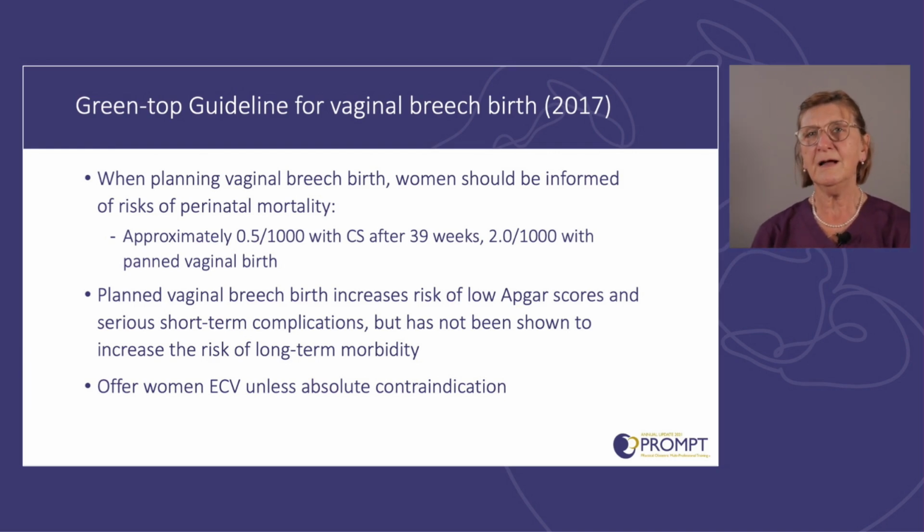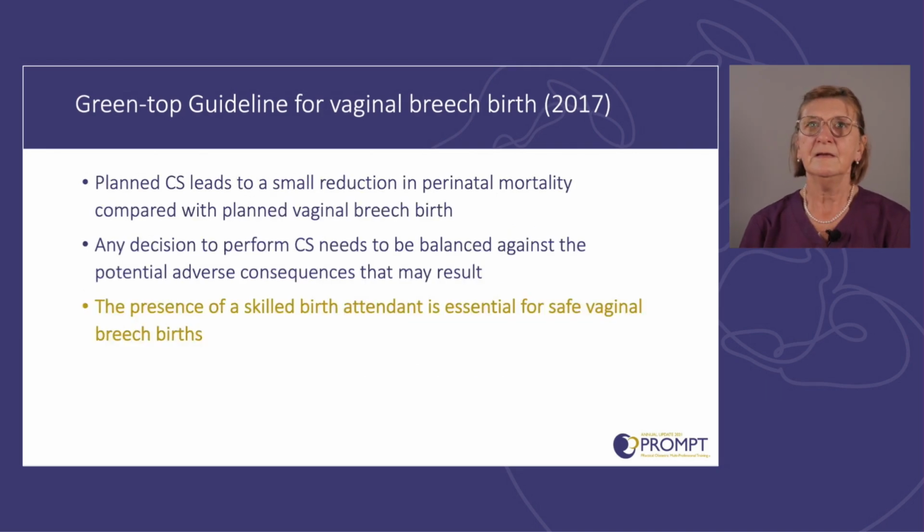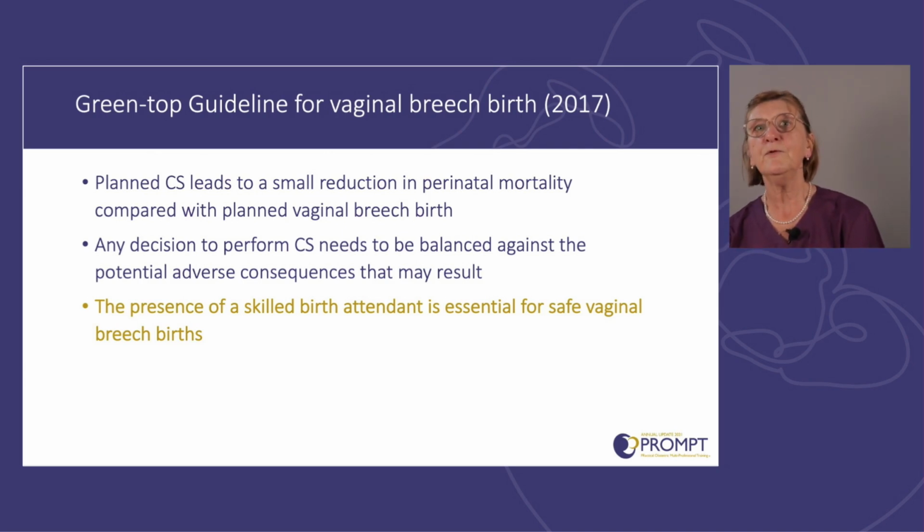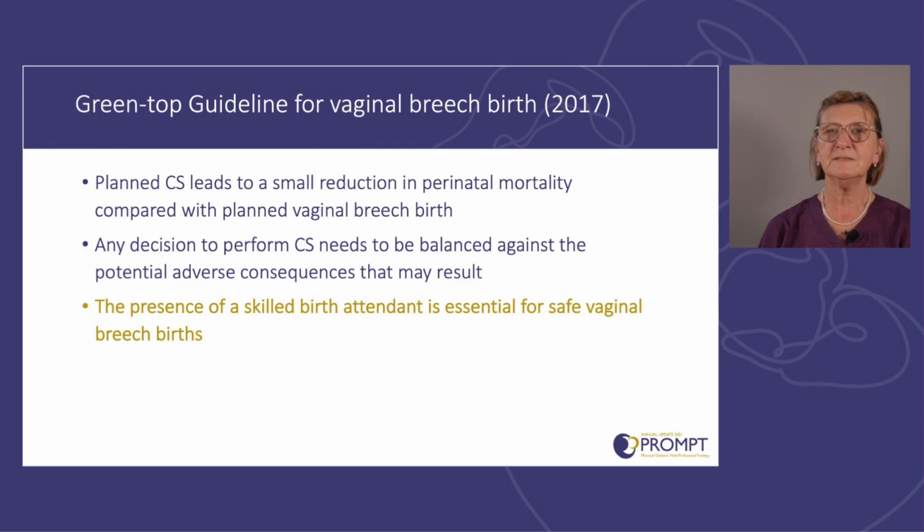It also identifies that where possible, women should be offered ECV unless there's an absolute contraindication. The guideline also emphasises the importance of the presence of a skilled birth attendant for safe vaginal breech births.